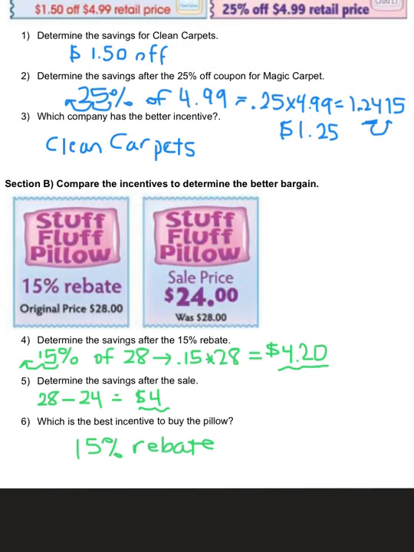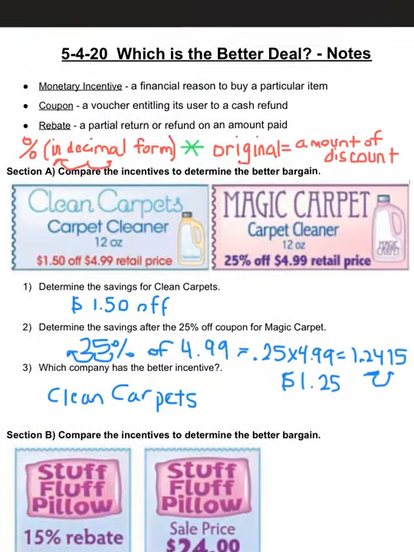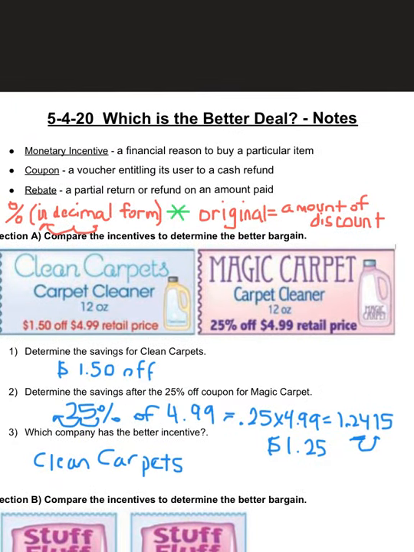And if you don't, then you will most likely have a problem. Don't assume because the number looks bigger that it's better. You have to do the calculations to make that decision. Good luck on the assignment. Let me know if you have any questions. In case you forgot, remember the setup is here at the beginning.